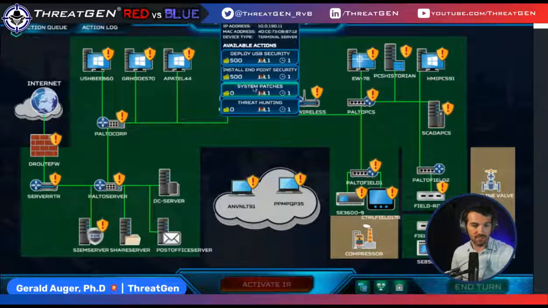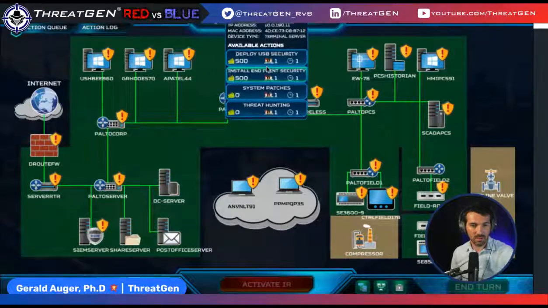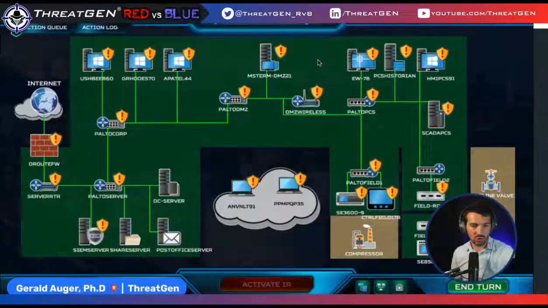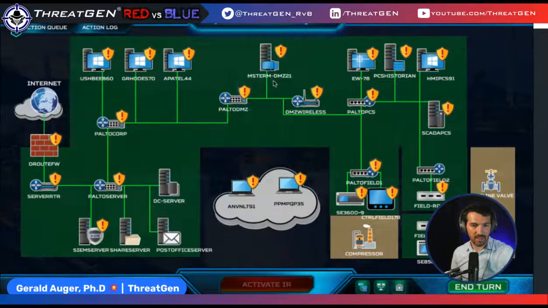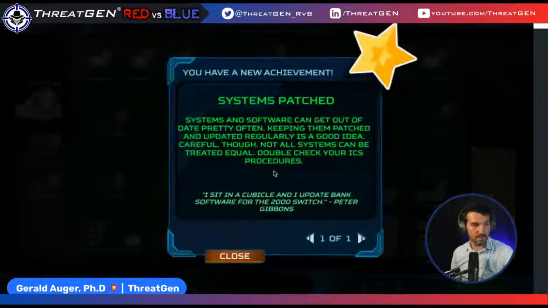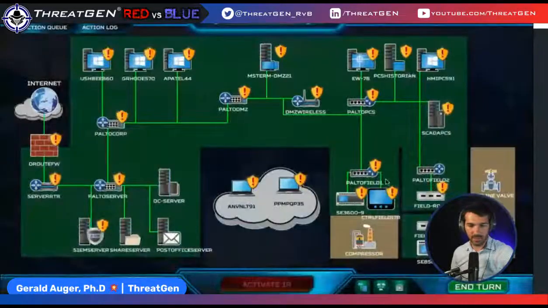Patch. Yeah. EDR. Yeah, I feel like we need EDR on this thing and patch it because it's definitely sensitive. Okay. System patch. Good.